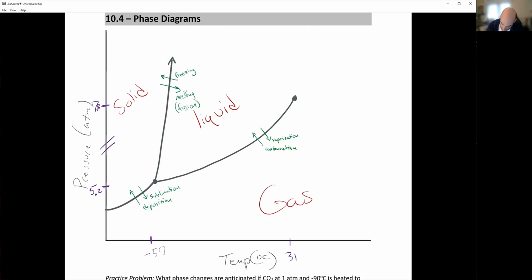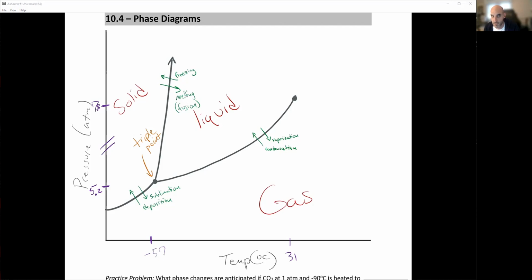So let's label a handful more things. That point right there is known as the triple point. The triple point is where you have three phases that exist at the same time. So all three phases exist at the same time. I'm going to link a clip of the cyclohexane triple point below in supplemental material.